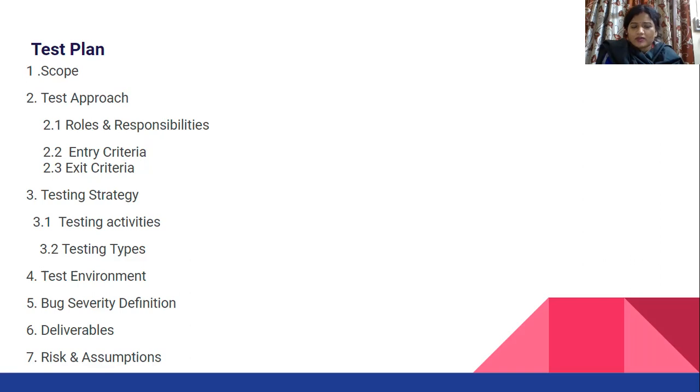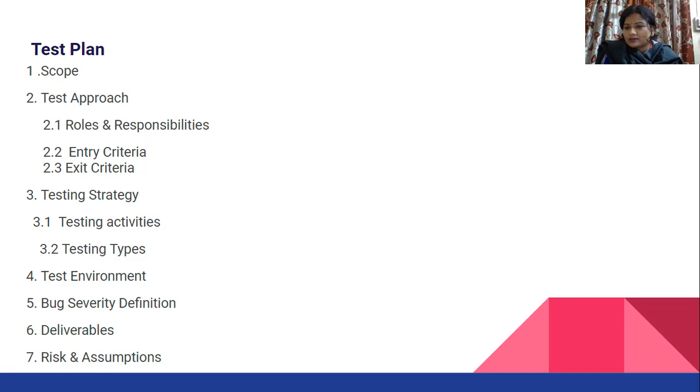Then the next one: after the testing is done, the main part is bug reporting. For the bugs, we can define the bug severity or priority definition, that is, the definition that we are following for our application.